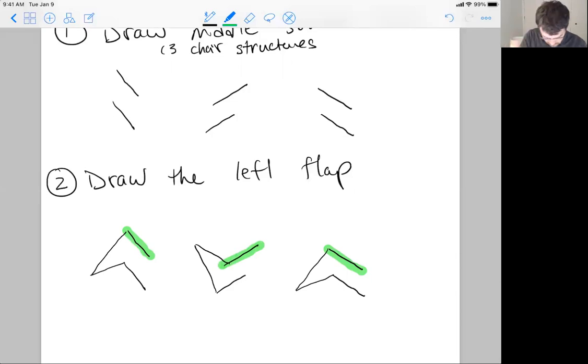So if you look, it looks like this is pointed up, down, up. And so as a result, my left-handed flap is going to be pointed in the opposite direction. So this is down. We have an up left-handed flap and a down left-handed flap.